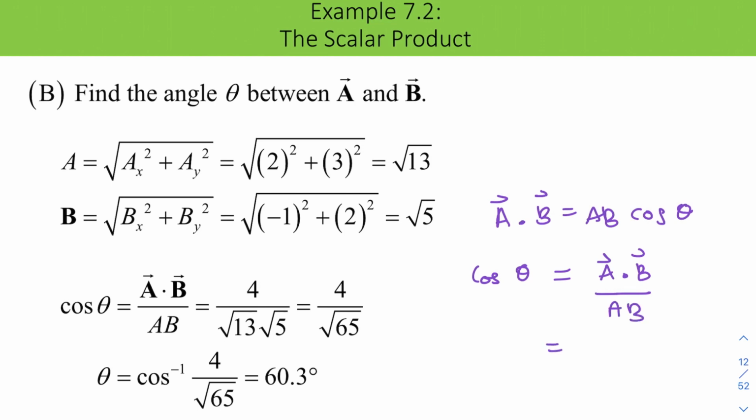A dot B just now we have 4, and A times B is the magnitude of A times the magnitude of B. So you have square root of 13 multiplied with square root of 5. So you have 4 over square root 65, and then you can figure out the theta, which is 60.3 degrees.